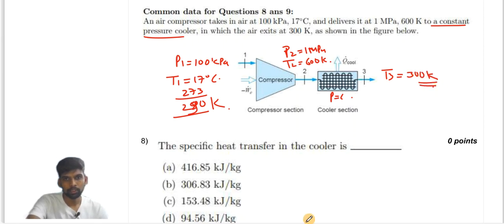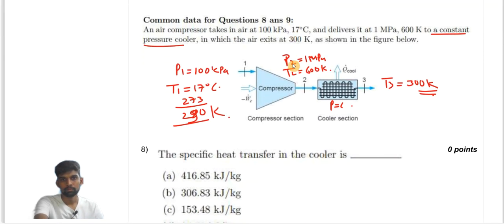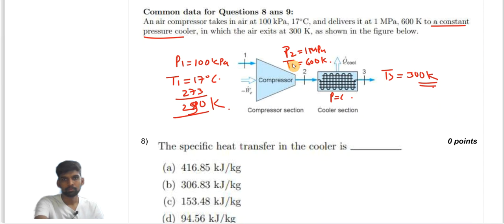Specific heat transfer in the cooler. Okay. So for cooler they are asking specific heat transfer, that is Q cool.